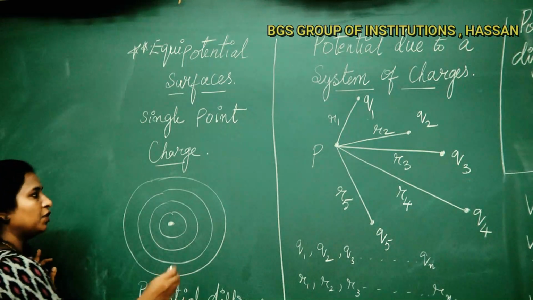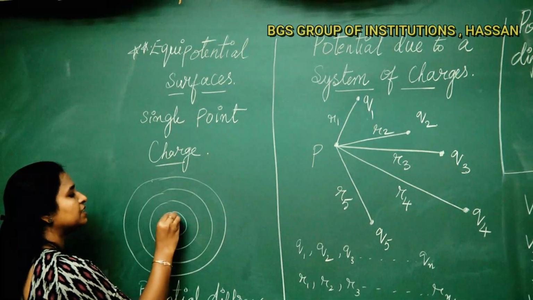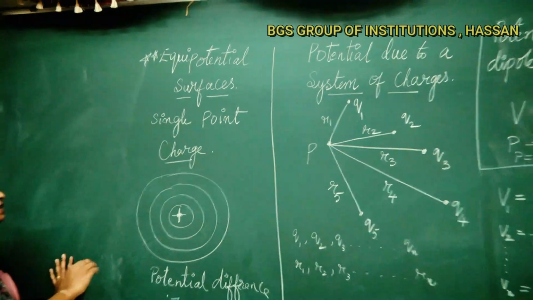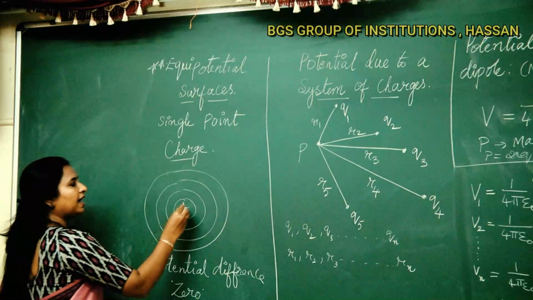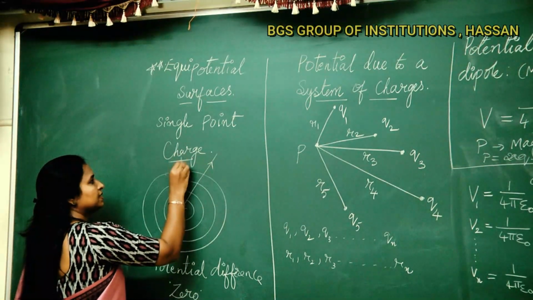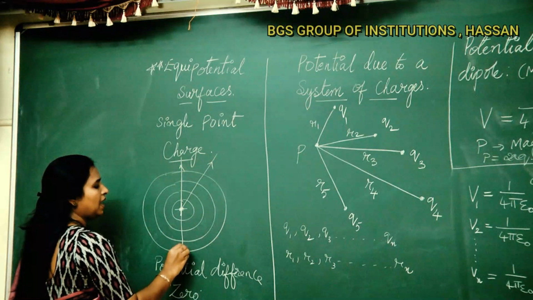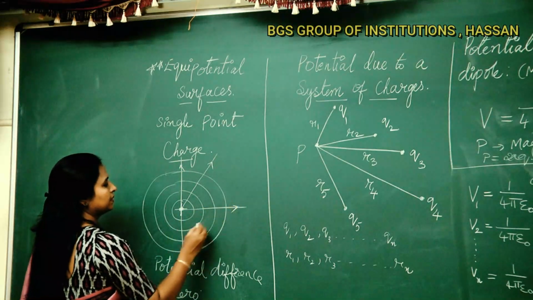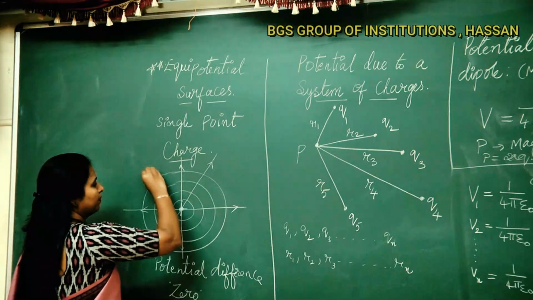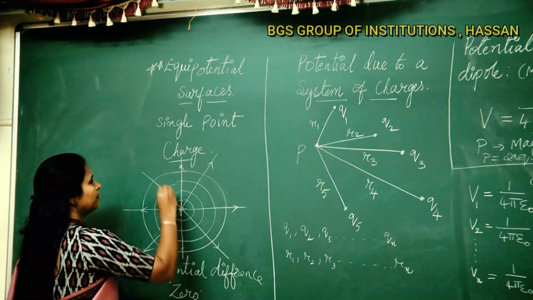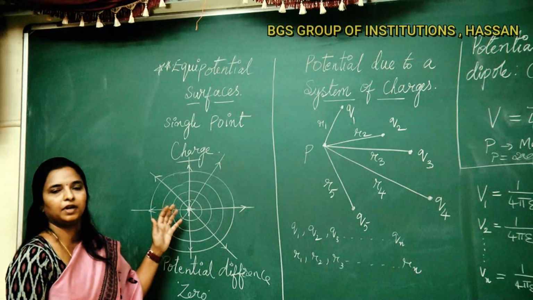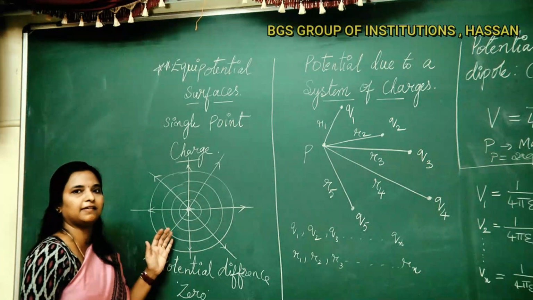Now again, if you consider a single positive charge, then what will be the surface? Then the field lines will be away from it, like this. Field lines will be away from it radially. Radially, you know, in the previous class also I have explained it.